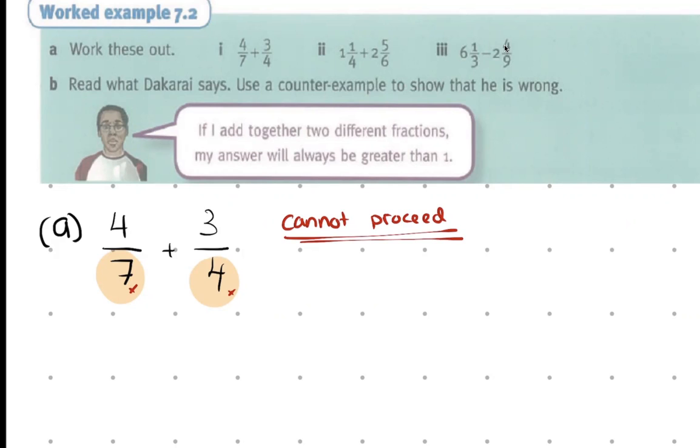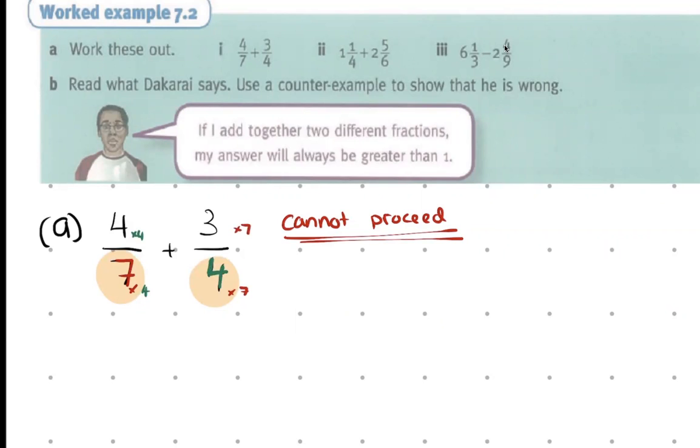So what I suggest is you multiply according to this number. The left-hand side, multiply according to the second fraction's denominator, times 4 and times 4. Whereas the other side, we do the opposite. Multiply by 7, multiply by 7.